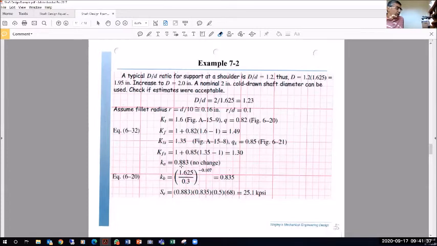Ka for the fatigue modulus is not changing, but kb is. When I use the diameter to find kb, please note that kb now is 0.835, which is less than the 0.9 that we originally assumed for our first iteration. Because of that, my Se is being reduced from 27 to 25.1.